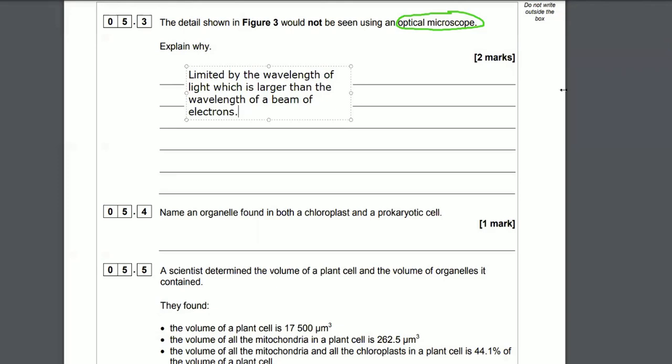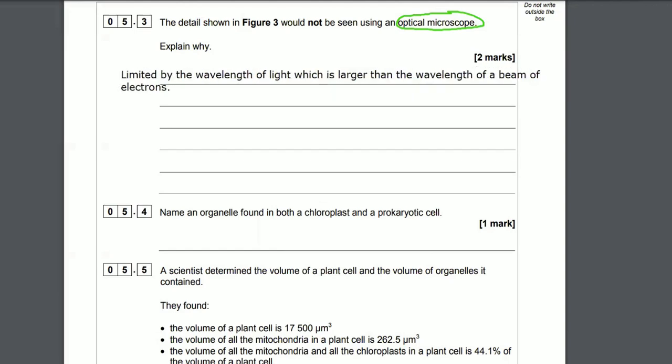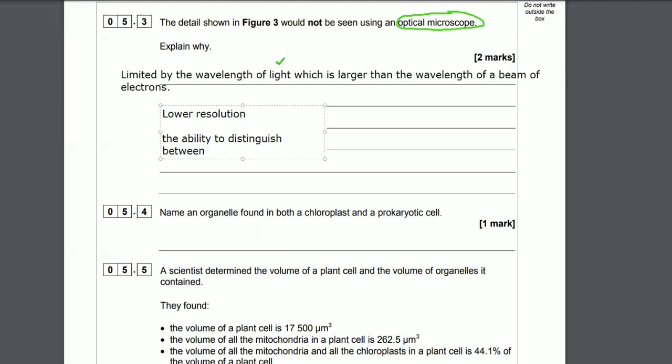So we say they're limited by the wavelength of light, which of course, if you were comparing to an electron microscope, which you don't need to here, is a lot bigger wavelength than a beam of electrons that an electron microscope uses. But the main points here to get the 2 marks is just that limited by the wavelength of light, so they have low resolution.